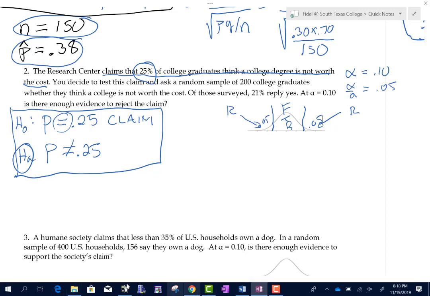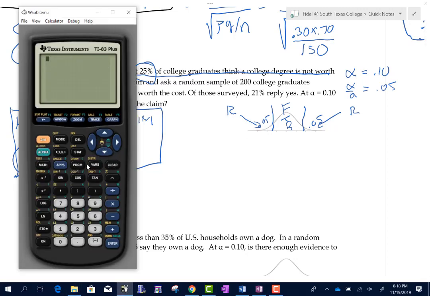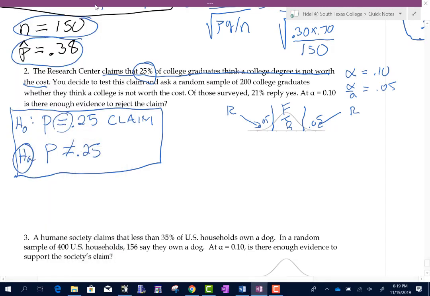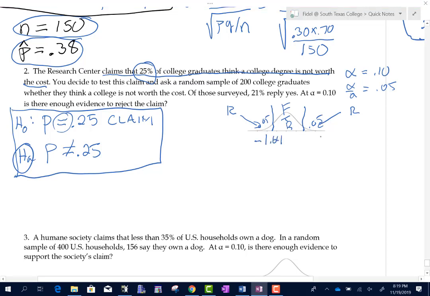Everybody agree we're going to grab our calculator, inverse norm, and the number we're going to enter on the inside is 0.05. Remember, we're going to get two z values. Everybody agree, negative 1.64? So this one here is negative 1.64, and this one here is positive 1.64.